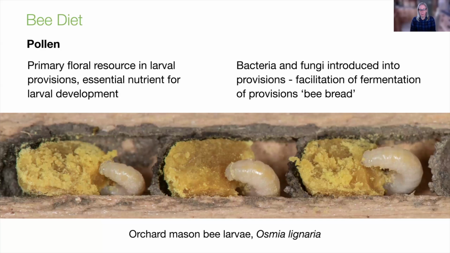In fact, more research conducted recently is demonstrating that the beneficial bacteria and fungi that also get incorporated into these provisions may be critical in facilitating the fermentation of the pollen, essentially making it more digestible so that bee larvae are able to consume the resources. So bees may not be strictly vegetarian, because some research implies that the bee larvae are actually consuming more of the bacteria and fungi than they are of the actual provisions.